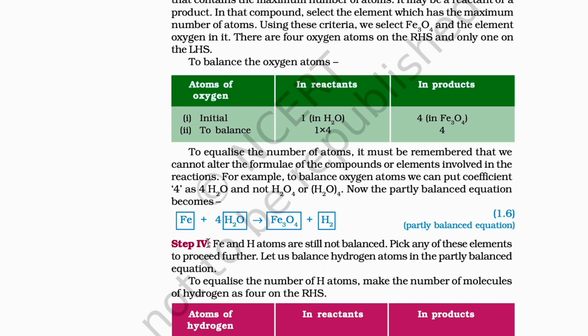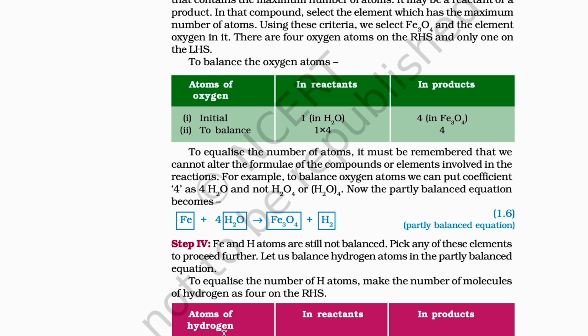Step 4. Fe and hydrogen atoms are still not balanced. Pick any of these elements to proceed further. Let us balance hydrogen atoms in the partly balanced equation. To equalize the number of hydrogen atoms, make the number of molecules of hydrogen as 4 on the right hand side.